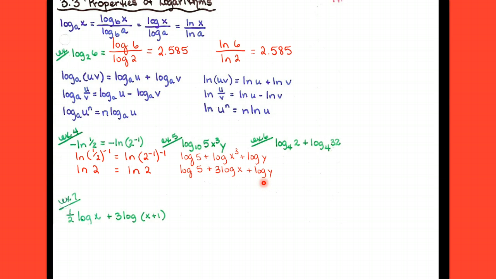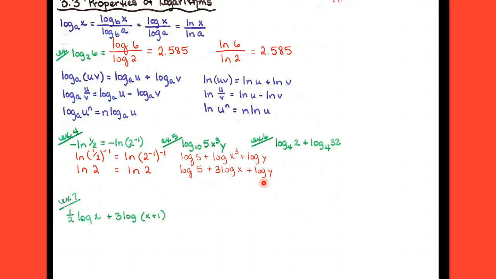Good. All right, example 6, it says use the properties of logarithms. And this time we want to go the opposite way. This time, instead of expanding it, we want to condense it down.